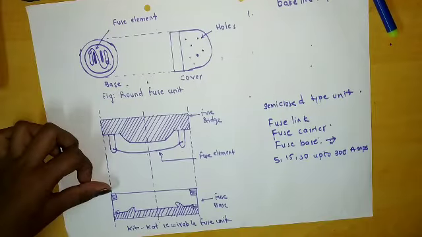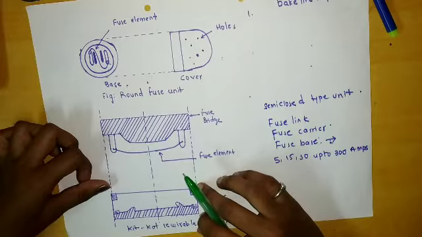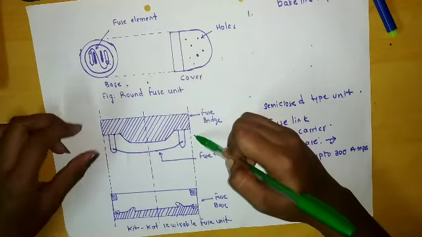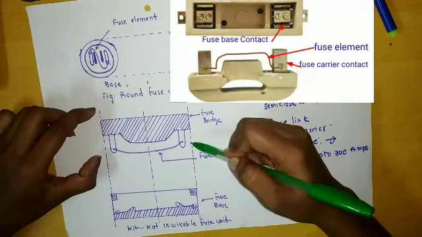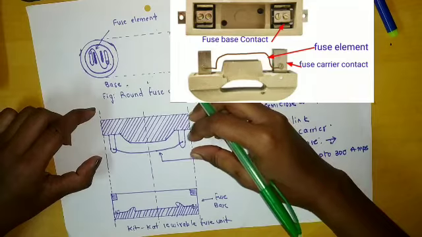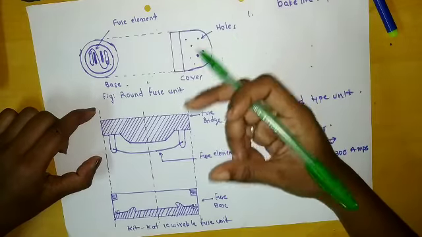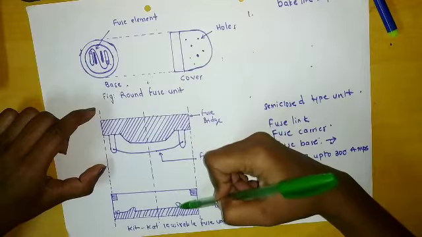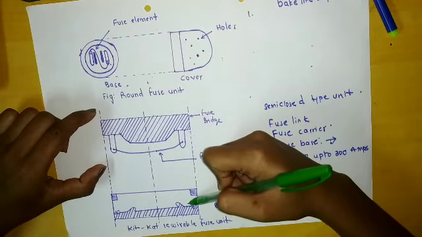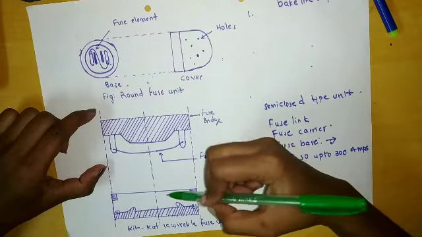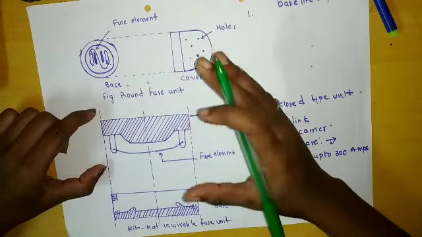So this is the base, and the fuse carrier is a separate part that can be taken out or inserted in the base without switching off the main switch.